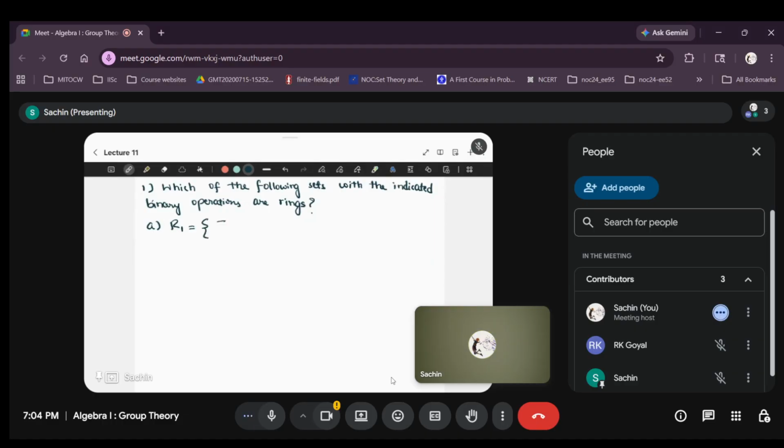R1, the set of all matrices of the form A0, 0A with usual matrix addition and multiplication. So is this a ring?